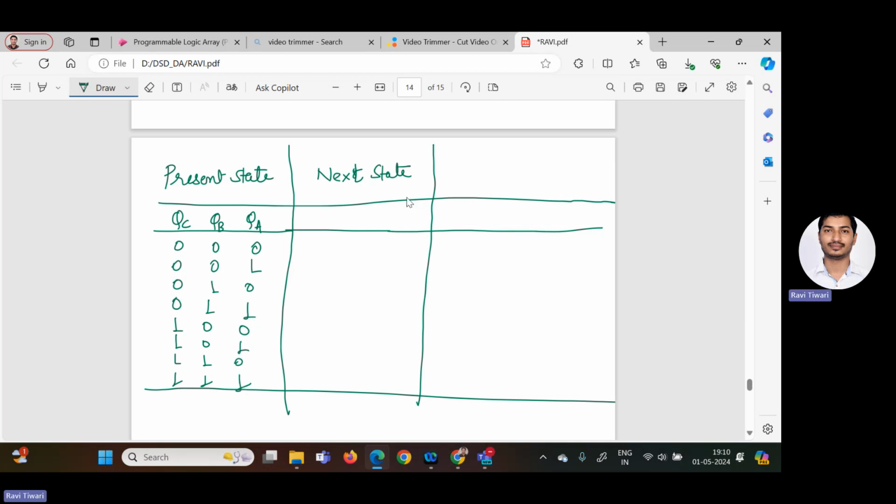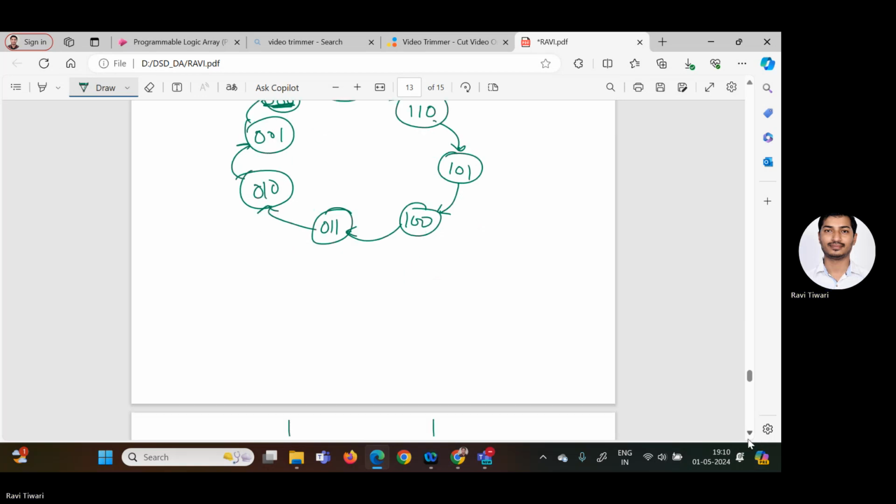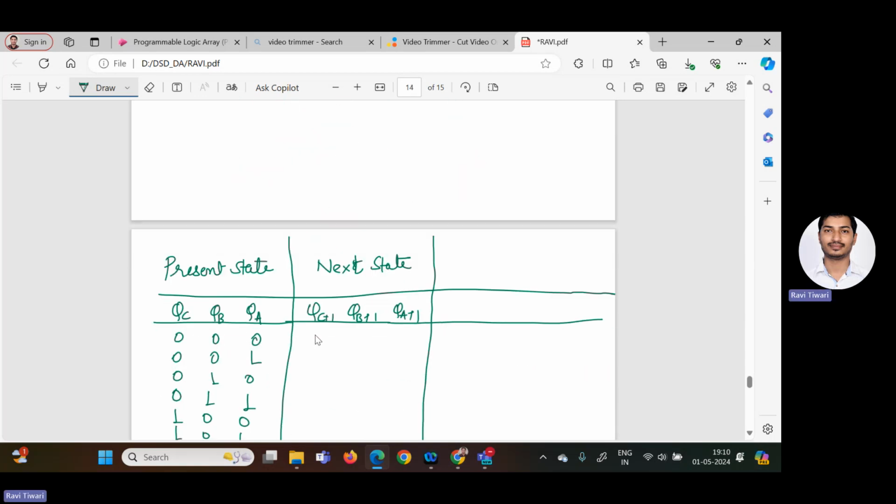Now we have to find out the next state. So the next state will be represented as QC plus 1, QB plus 1, and QA plus 1. Just to represent, these are the next state. Now if you are in state 0, 0, 0, next state will be 1, 1, 1. By using the state diagram only, we have to find out the next state.